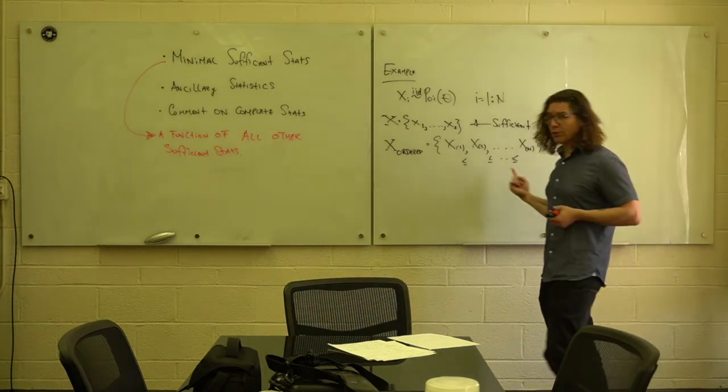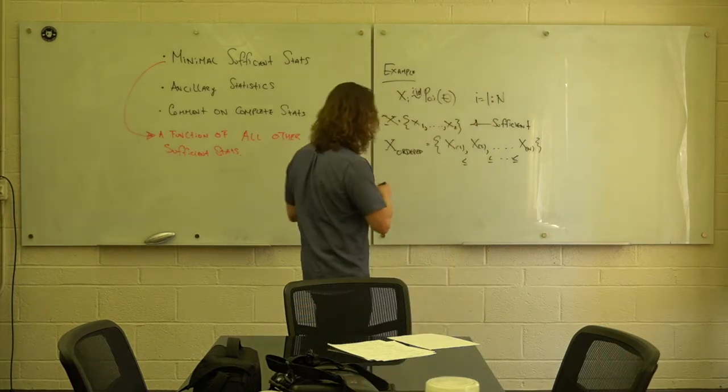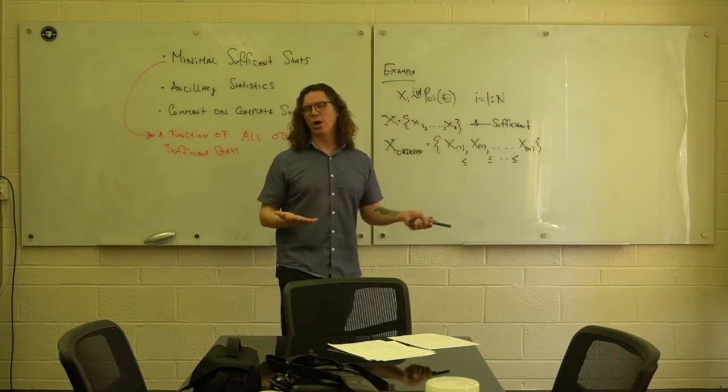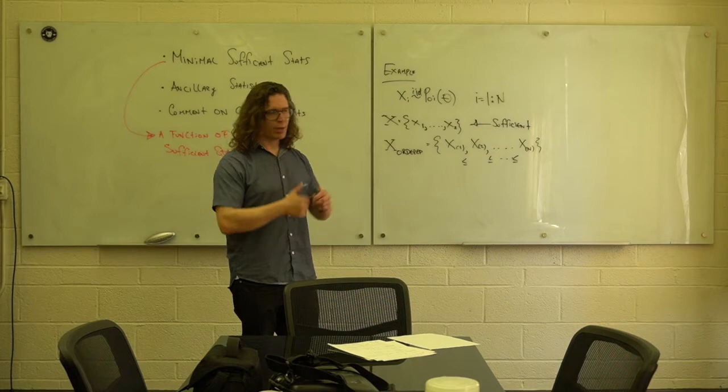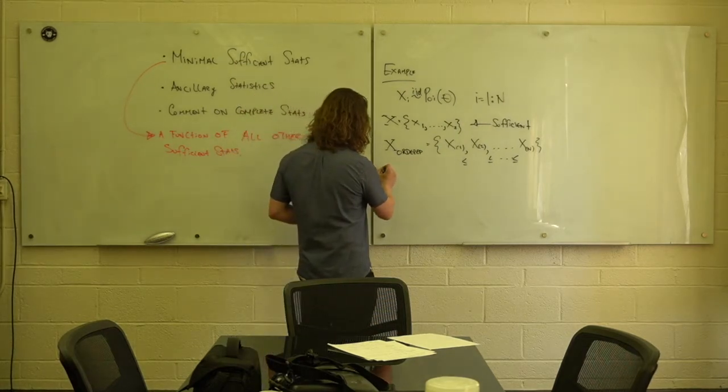I can rearrange them in any way, and I still have the same information about everything. And that's just because products, I can move them around. So I can commute.